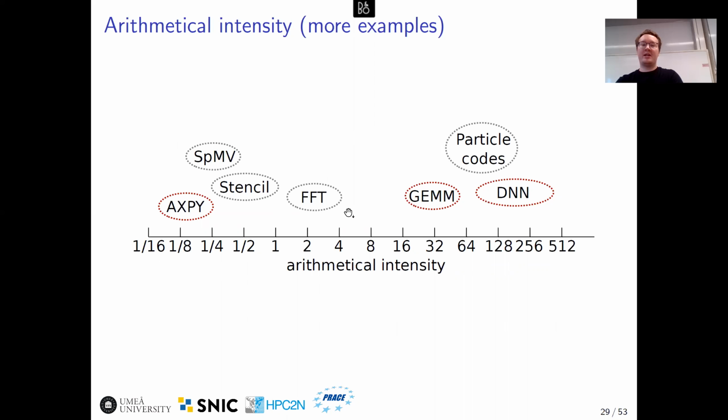Then if we move to the other end, we have the fast Fourier transformation, different kinds of stencil code, sparse matrix vector multiplication, and then this XPA operation where you multiply a vector with a scalar and add it to a second vector, and then here we would have the AX kernel. So clearly different codes can have a very wide range of arithmetic intensities. Also please pay attention to the fact that the scale here is logarithmic, and that is for a very good reason.